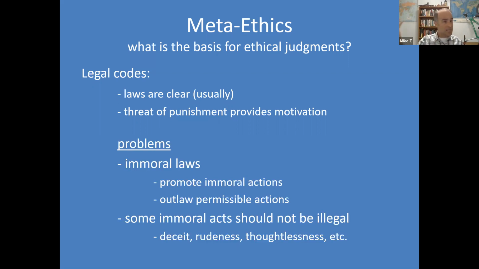We can point to lots of examples through history of laws that said that we are required to do something or that we're not allowed to do something, but those laws are giving us immoral guidance. Some really famous ones would be Jim Crow laws, that is, laws that were enforcing segregation. Those are widely acknowledged to be immoral, but while those laws were in place, those were the legal codes. So people might say, well, why is it ethical to maintain segregation? Because that's the law, and that's the way we do it, and that's it.